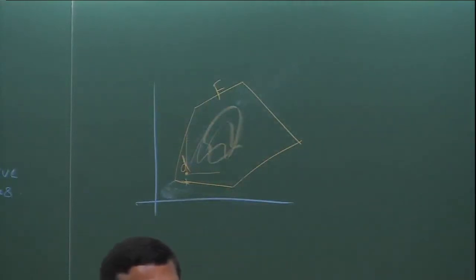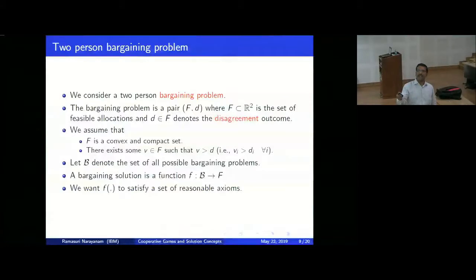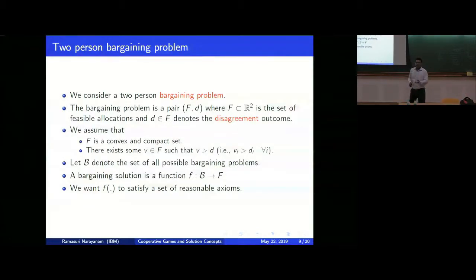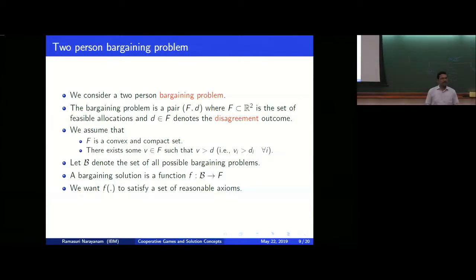But if F is a very small set, we assume that F should contain a point v such that v is strictly greater than d. So by definition, we are talking about a two-player thing. So every v and d are two-dimensional things. When we say v greater than d, by definition, v1 greater than d1, v2 greater than d2. That's what we mean, right?